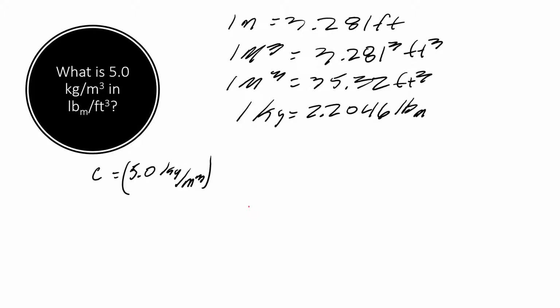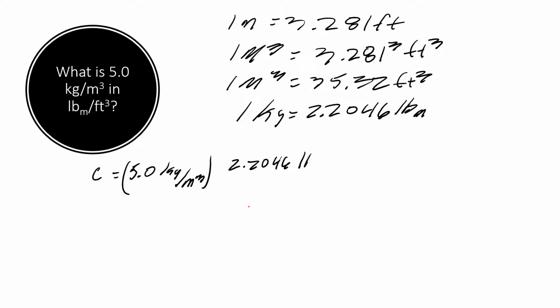All right, so let's first convert the kilograms to pounds mass. So we're going to have 2.2046 pound mass per kilogram. Since it's per kilogram, we have kilogram in the numerator here, so we're going to multiply it.